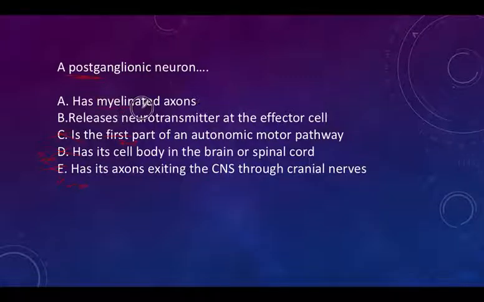A is kind of tricky, and I don't really like it, because depending where you're talking about, it can be myelinated, it might not be, but since they're not always myelinated, it's not A either. But even if we were confused, we would know for sure that B has to be right, because it releases a neurotransmitter at the effector cell. And that's always the case, no matter parasympathetic or sympathetic nervous system.